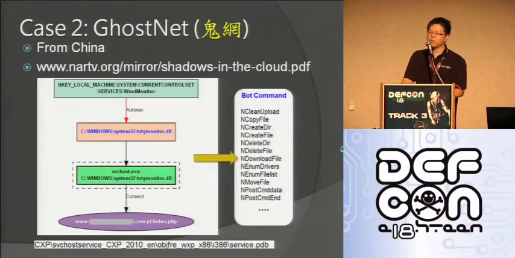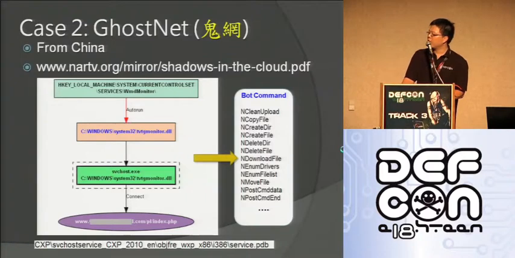Case number 2 is also a very famous one in the Chinese hacker community. It's called GhostNet. The original official report was released by Canadian researchers, Shadows in the Cloud. And from the sample, you can see that it tried to install itself as a system DLL file into the system.